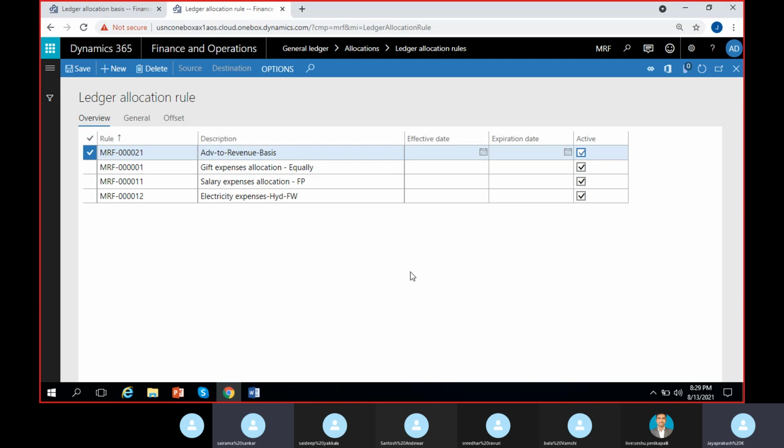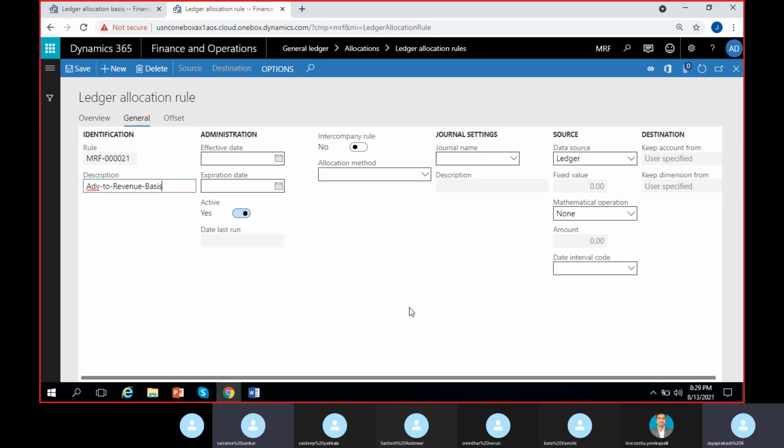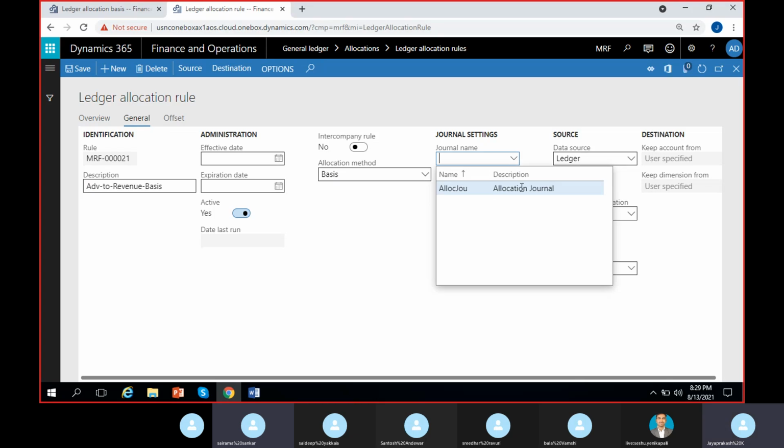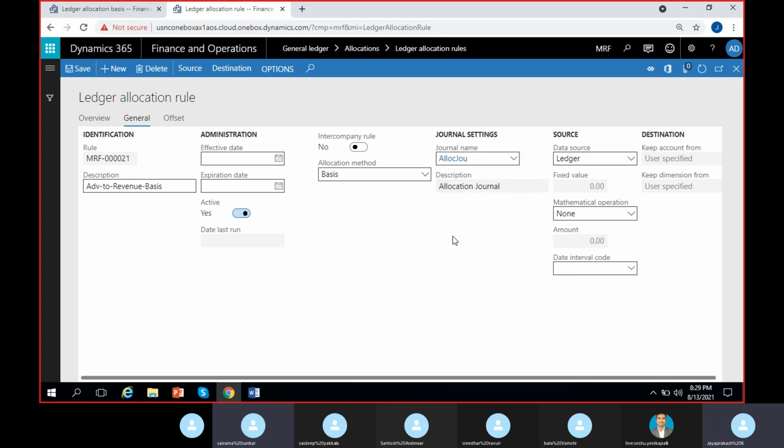Active. Next. We have to go to general. Allocation method as basis. Journal name as allocation journal. Next. Go to source.